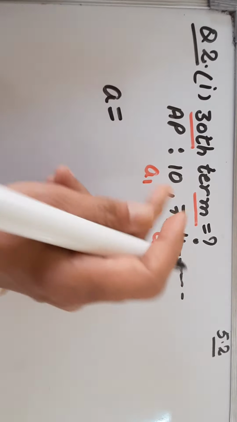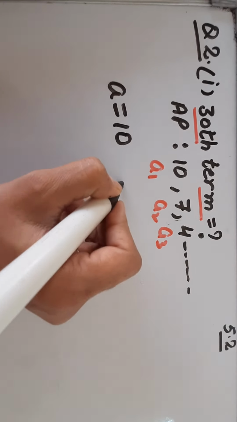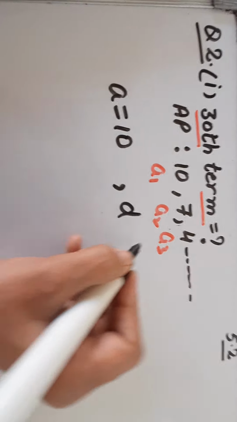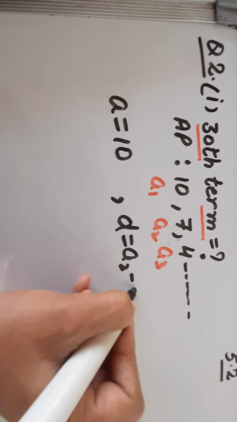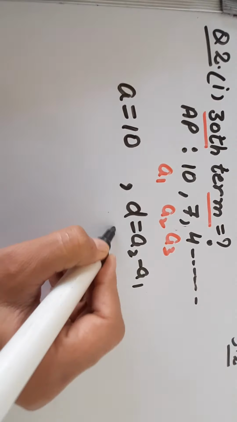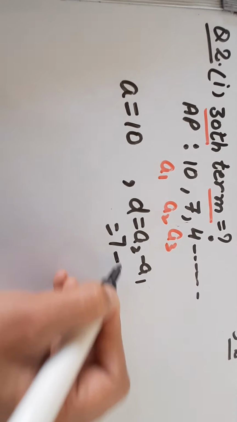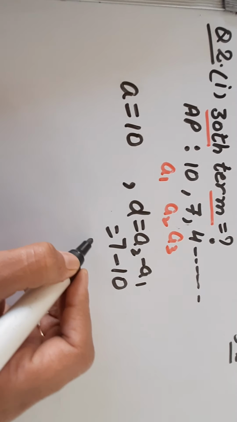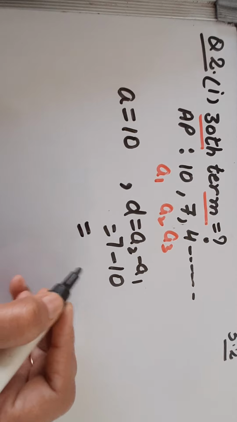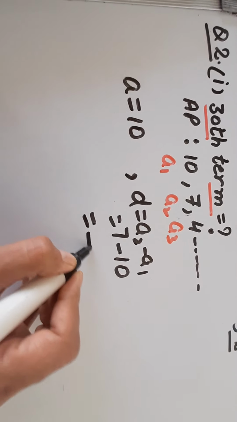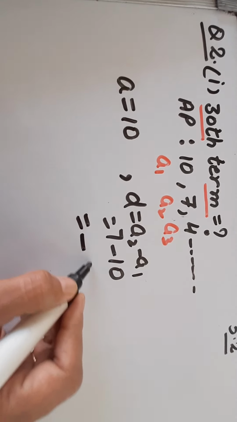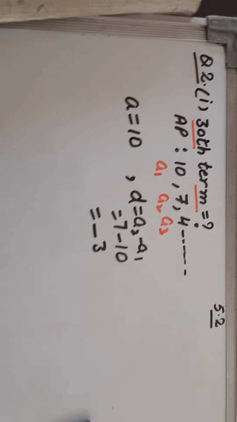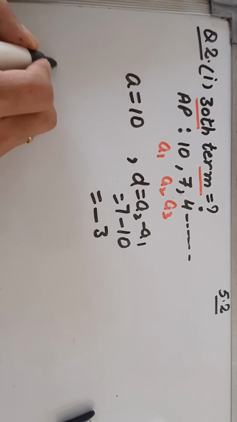In the AP the first term is 10, so a is 10, and to find d, you know the formula a2 minus a1, that is a2 is 7 minus a1, that is 10. So plus minus is minus, greater number is negative, so we'll take minus. 10 minus 7 is 3. So this is d.